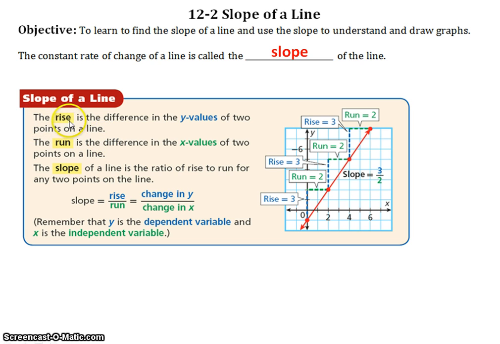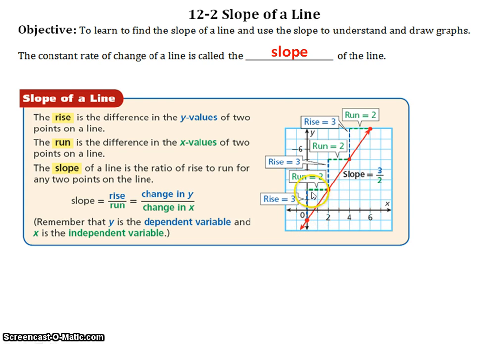The rise is the difference of the y values of 2 points on a line. Now rise is up and down. The y-axis is the vertical axis. Notice the blue lines are only going vertically, so that is working with the y values.